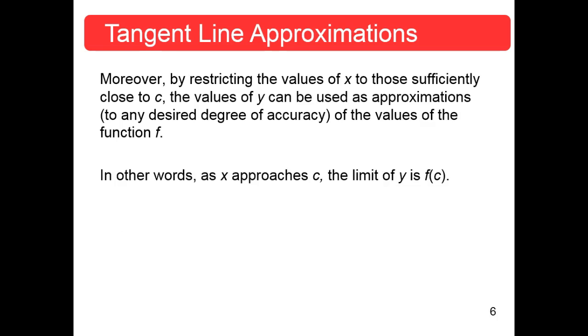Moreover, by restricting values of x to those sufficiently close to c, the values of y can be used as approximations, to any desired degree of accuracy, of the values of the function f. In other words, as x approaches c, the limit of y is f of c. That's what your equation is telling you.